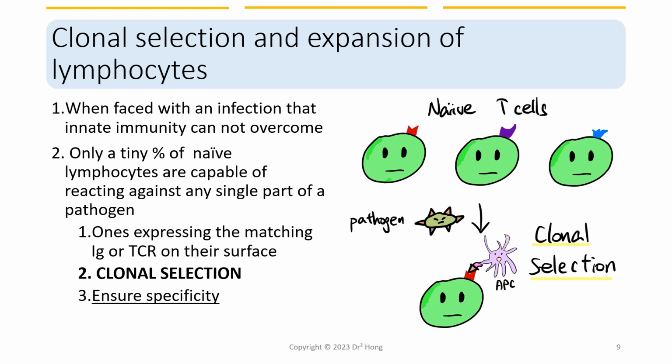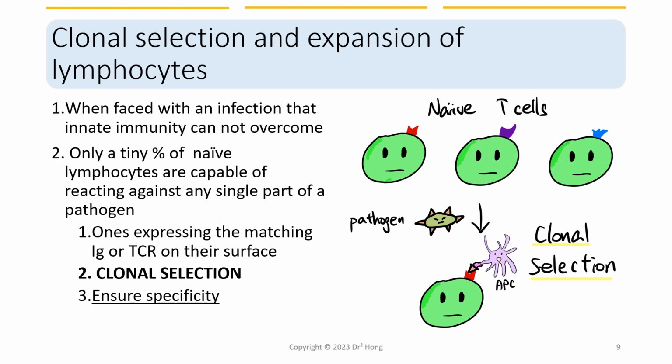Initially, only a very tiny percentage of naive lymphocytes are capable of reacting against any given single part of an antigen. Here we have a graph showing three naive T cells, and they're being presented with a part of the antigen from a given pathogen by an antigen presenting cell.